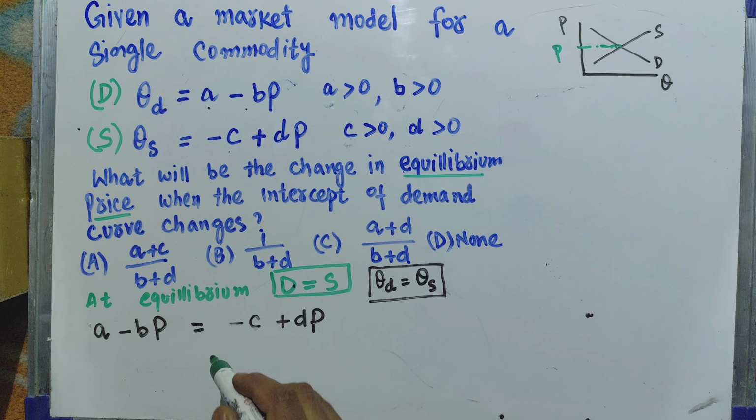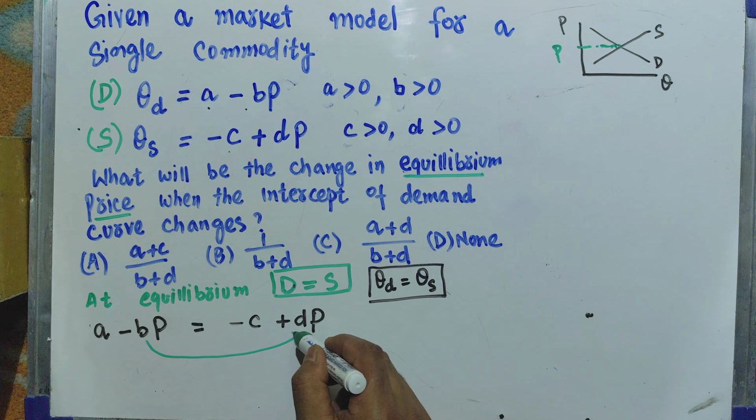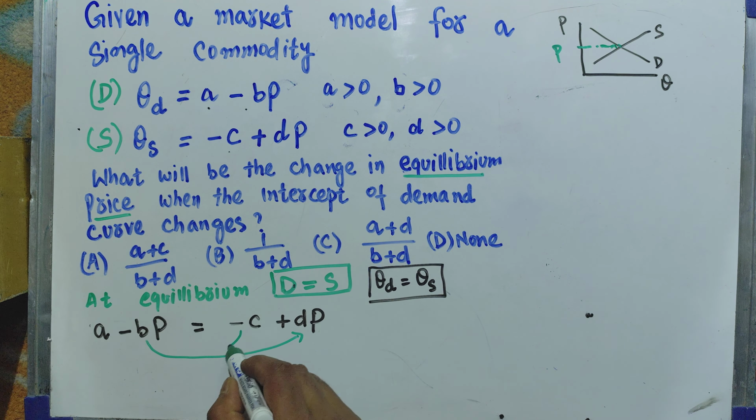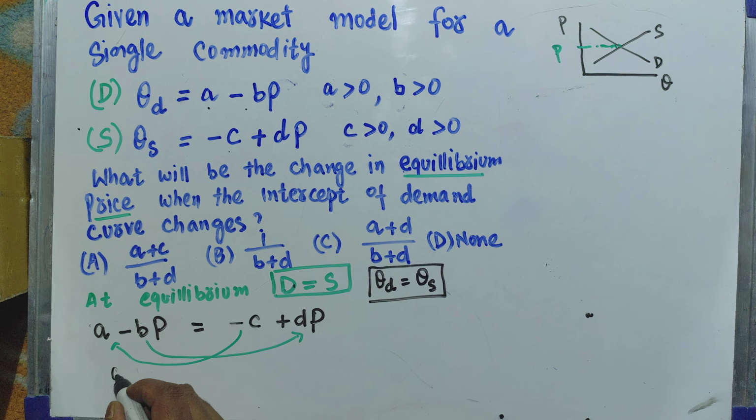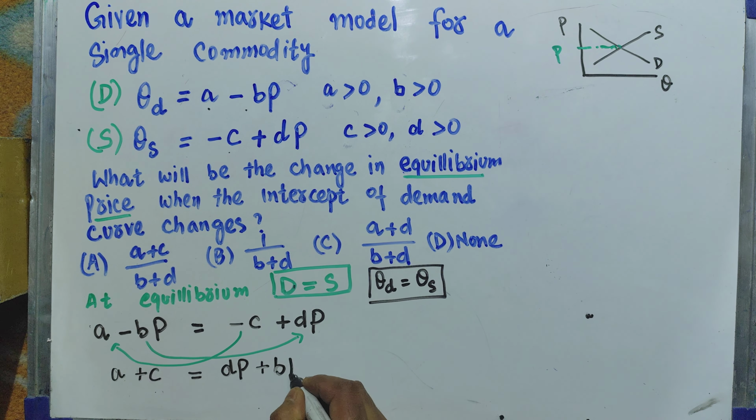Can we do one thing? If I transpose this term here, it is minus BP, it will become plus BP. If I transpose this minus C here, it becomes plus C. So can I write A, transposing this minus C, it becomes plus C, will be equal to, we have here dP, and when I transpose this minus BP, it becomes plus BP.